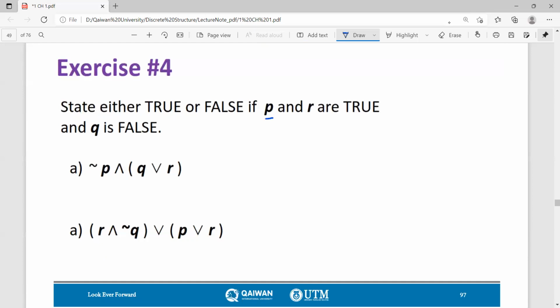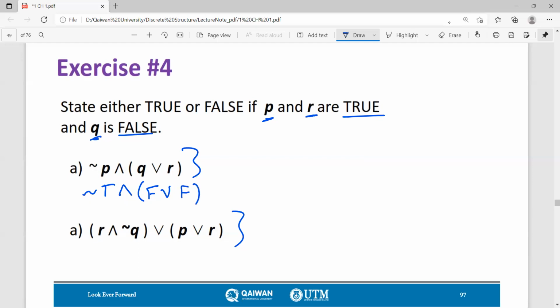Look, it says P and R are true, and Q is false. What is the result of each of these two compound statements? Look, it says P is true. So you take the negation of true, and Q is false, or R is false.